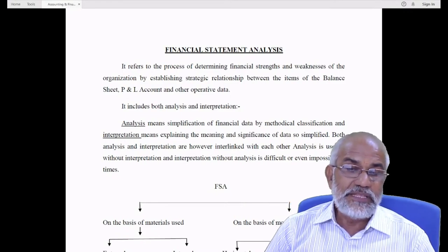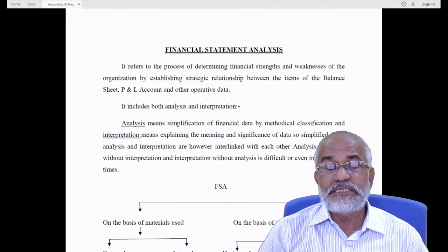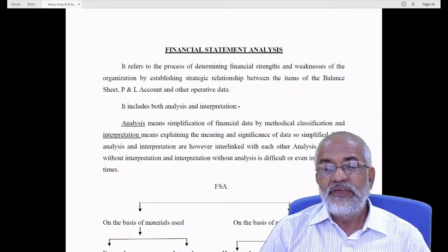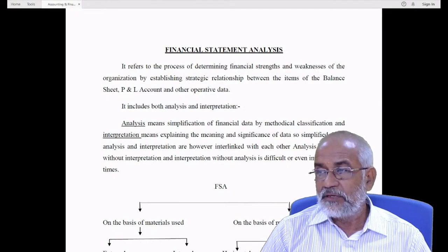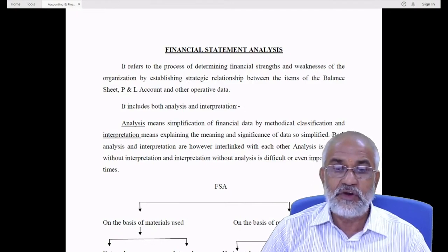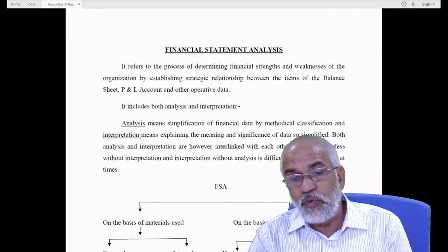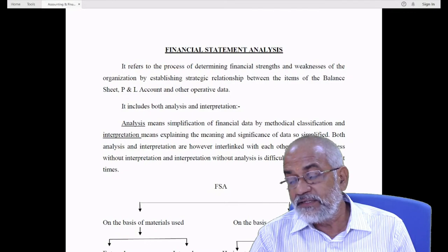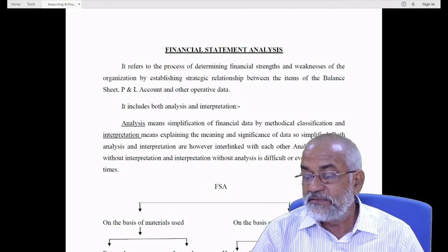Understanding of the annual report means there are 4 components in the annual report. Annual report means the published account of any listed company, a corporate form of organization. They prepare their annual report at the end of the year, which contains 4 major components.